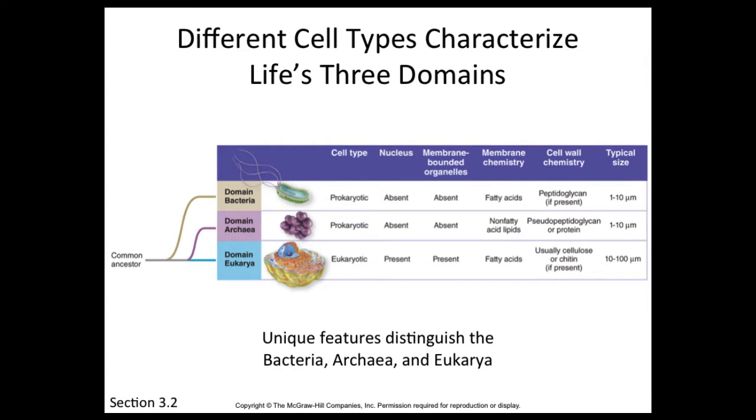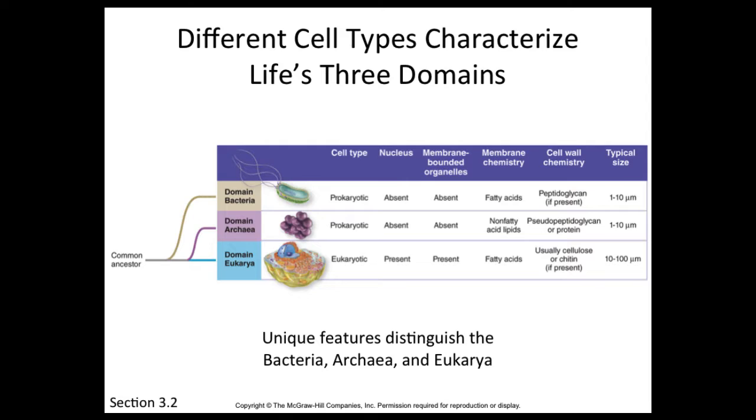This table allows us to compare prokaryotic versus eukaryotic cells, and we need to understand just a few parts of it. For example, nucleus. In bacteria and archaea, the nucleus is absent. In eukarya, it's present. Membrane-bounded organelles are absent in the bacteria and the archaea, but they are present in the eukarya.